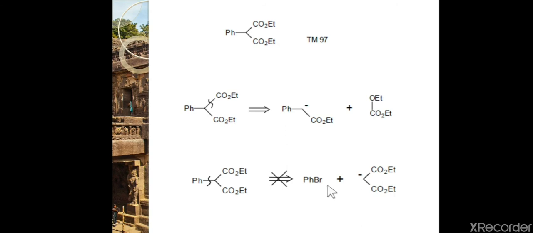Nucleophilic substitution on the benzene ring is very difficult. So even if you disconnect like this, it is not going to generate our final product. For a 1,3-dicarbonyl compound, disconnect near a carbonyl group and don't try to disconnect like this. This is the strategy for generating 1,3-dicarbonyl compounds.